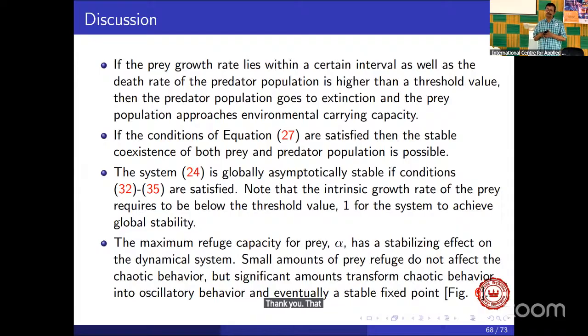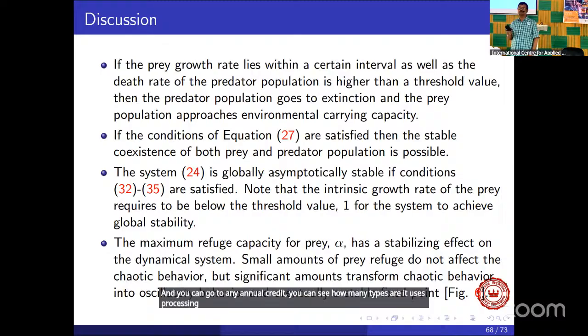That is camouflage, one type of refuge. You can go to any Animal Planet program and see how many types of refuge processes there are.